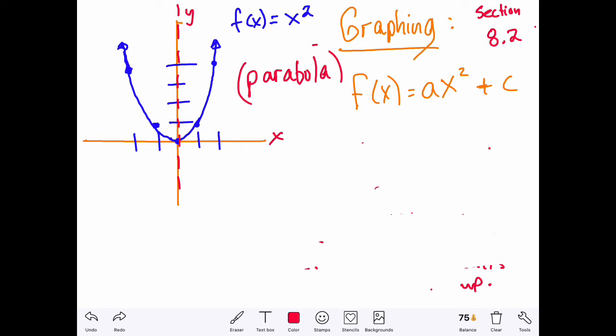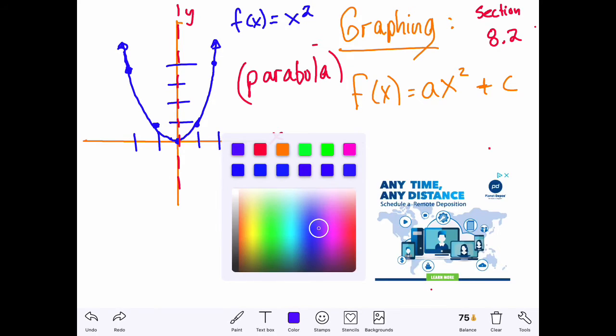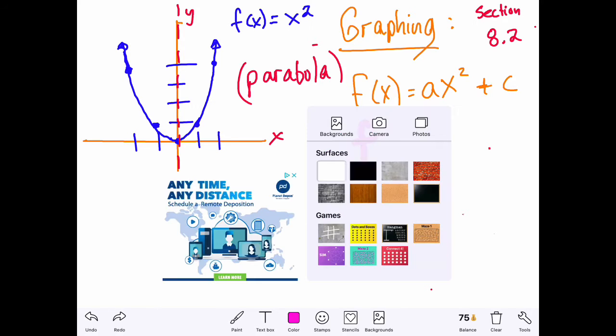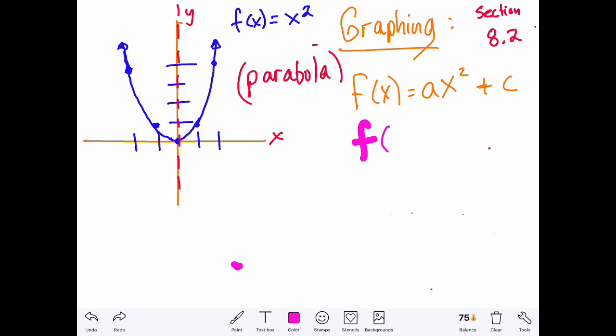And we're still going to keep our same axis of symmetry, the y-axis, or x equal to 0. So let's begin. And let's do maybe one: f of x equals x squared minus 2.